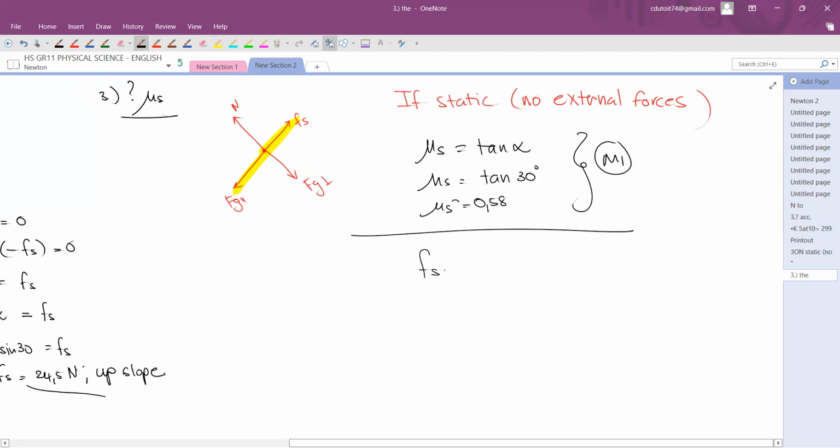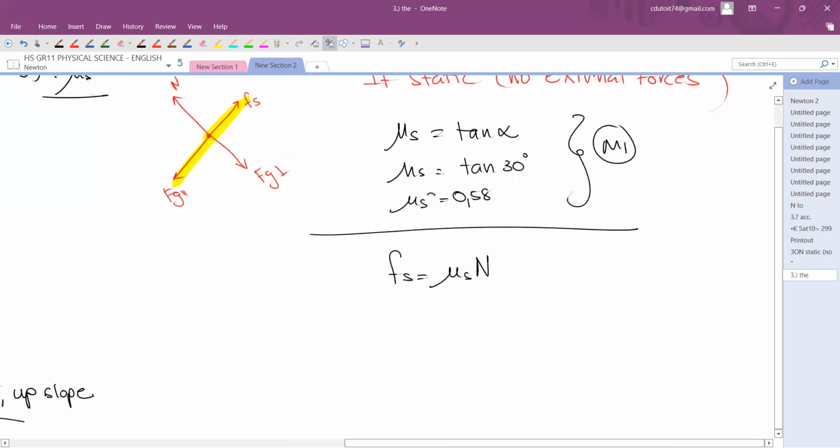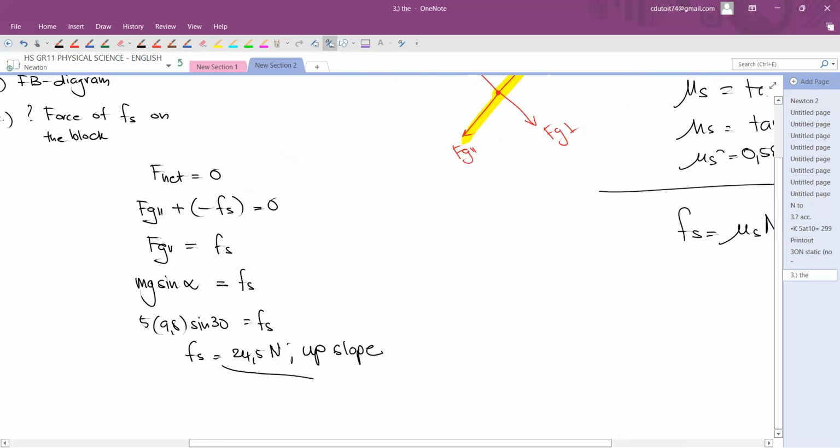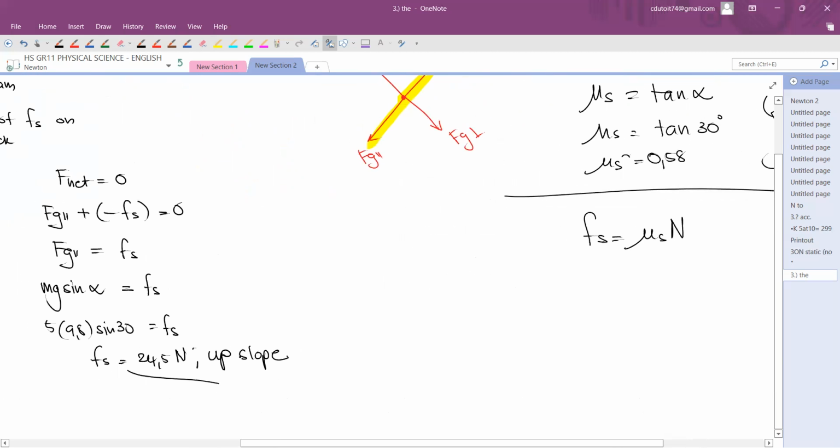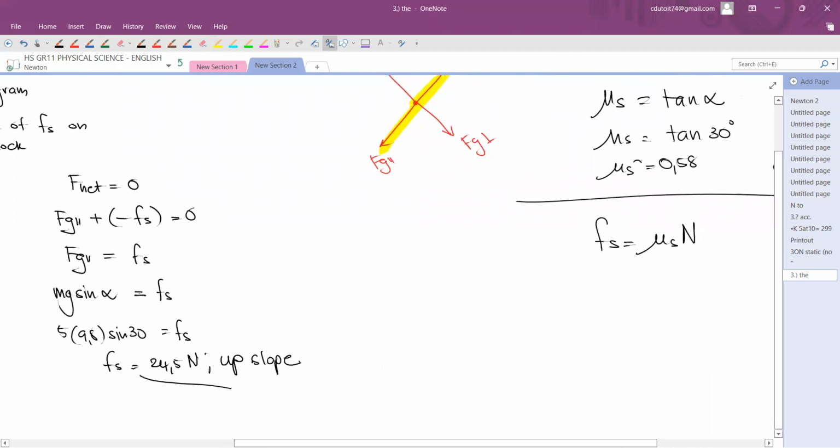So the static friction is the coefficient of static times the normal force. Okay, so look at this. We've got the static friction. But I'm going to use this part of the equation. I'm just going to pull it in here. Look at this.